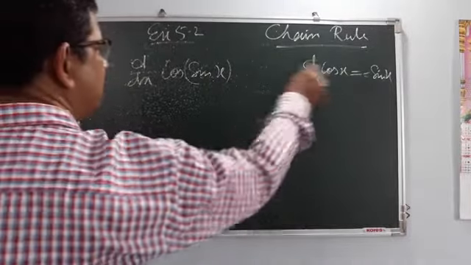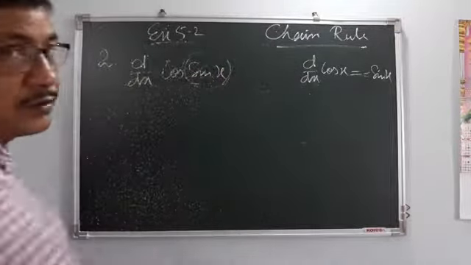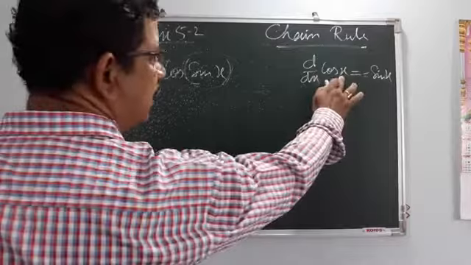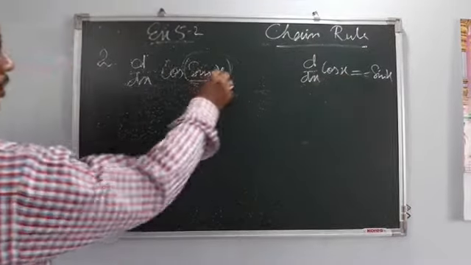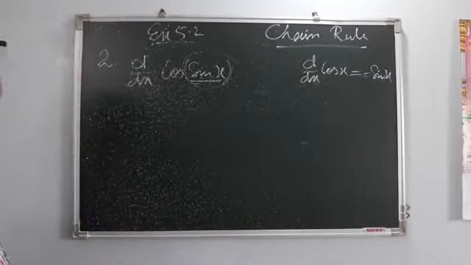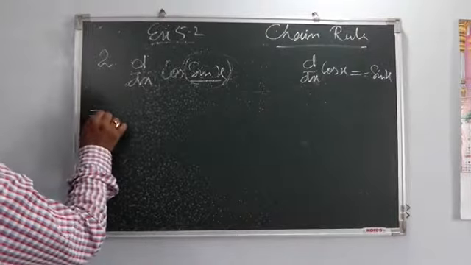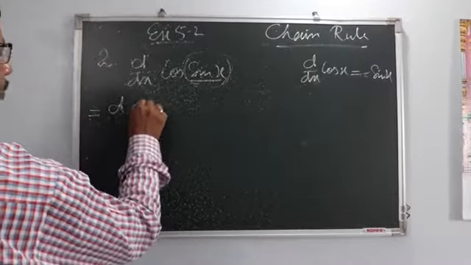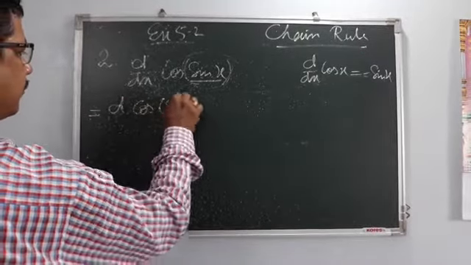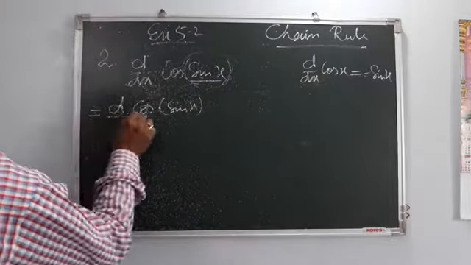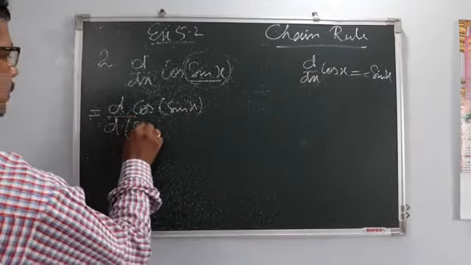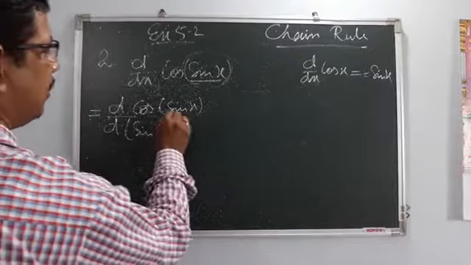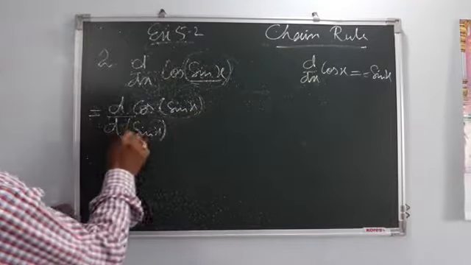Here in place of x, you see it is written sin x. In place of x, it is written sin x. So we have to change this x. How to change? d cos sin x, and instead of that x, we have to write sin x. Now see, it is the same.